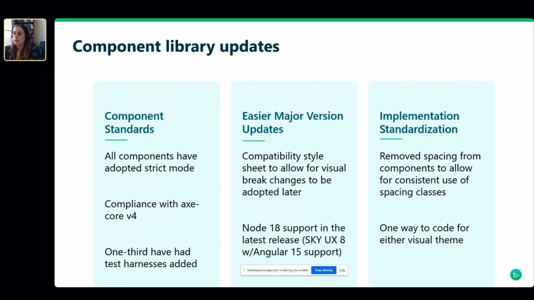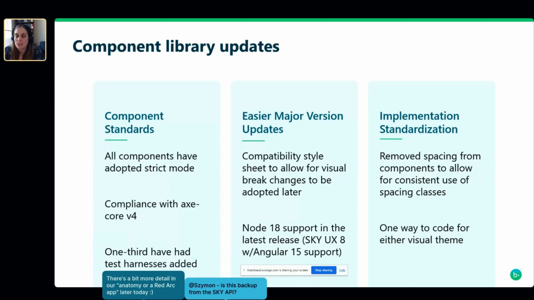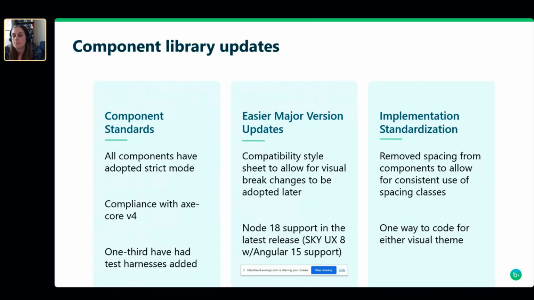All right, so after kind of a lengthy overview, I did want to get into some component updates. These are specific to the Angular component libraries and what we have done, but can be valuable lessons to learn as far as just general standards. So our components, we adopted strict mode in our version 2 versions ago now, Sky UX 7.